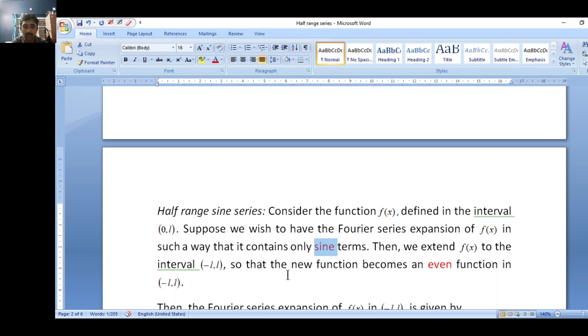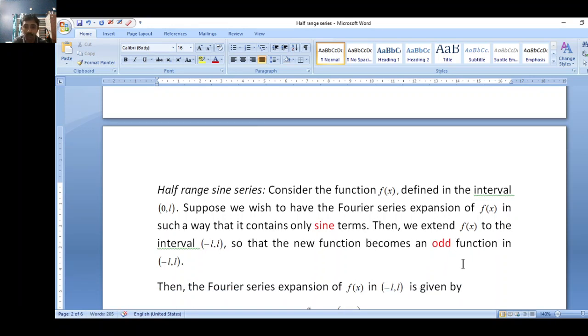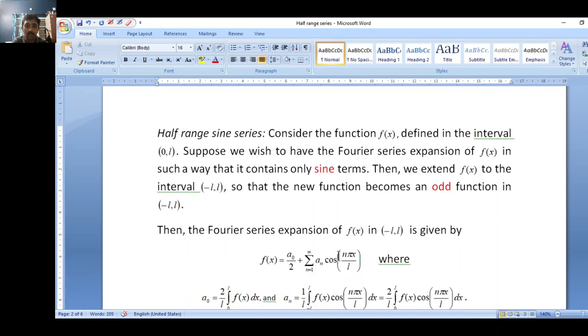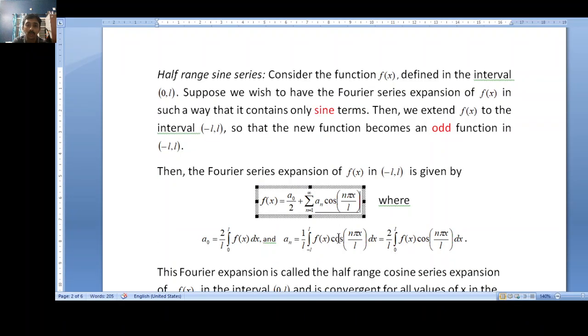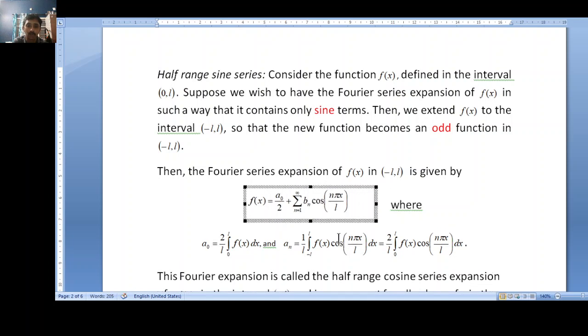For that to happen, we extend the function once again to the interval minus L comma L, but now we'll ensure that the new function turns out to be an odd function in minus L comma L. And what will happen if the function becomes an odd function? Obviously, now the Fourier series expansion will not have a0 and an. Instead, it will have only bn. Why?